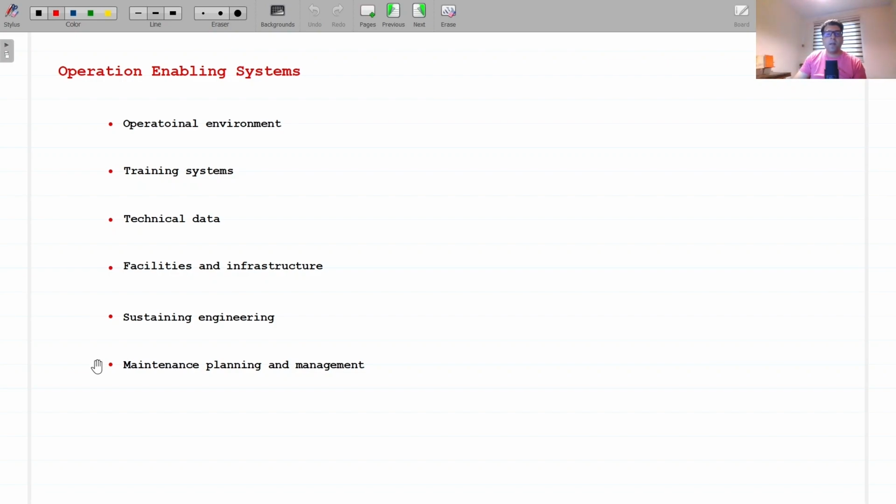Maintenance planning and management. With the goal of minimizing system downtime, planned and or preventive maintenance is performed to sustain system operations. The maintenance system responds to operator trouble or problem reports, conducts corrective maintenance, and restores the system for operations.